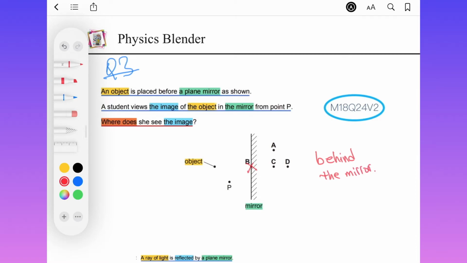Okay guys, since the object is here, at this point, then at equal distance behind the mirror, you can find the correct location for the image, which is D. So the answer here is D.